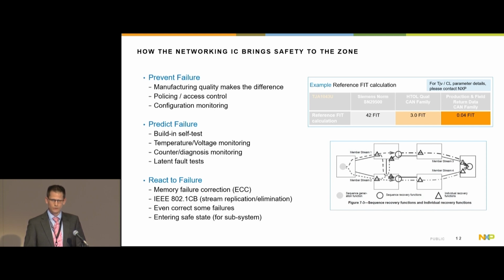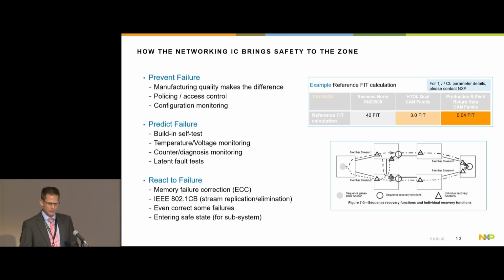But if you then look into the real failure rates which you see in the products, you see that with the right measures, you can really bring this down to a very low failure rate. And so this is one thing to make sure in the manufacturing already by the right processes, by the right techniques to find potentially failing products before and do not ship them, but scrap them. So this is one way.